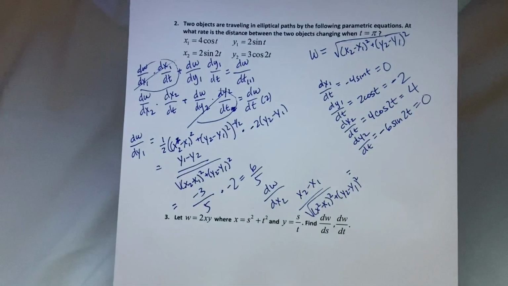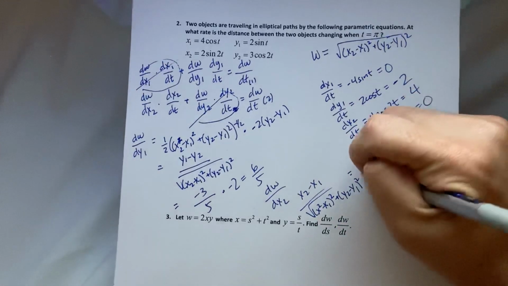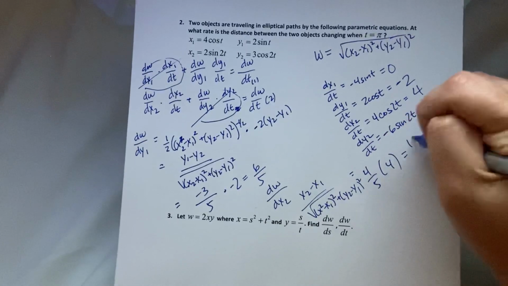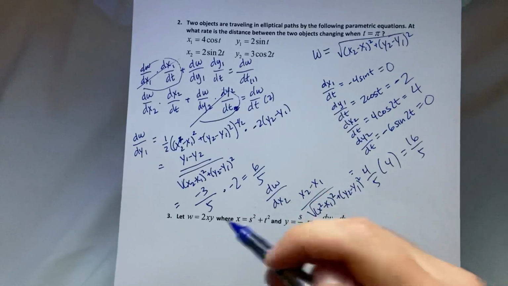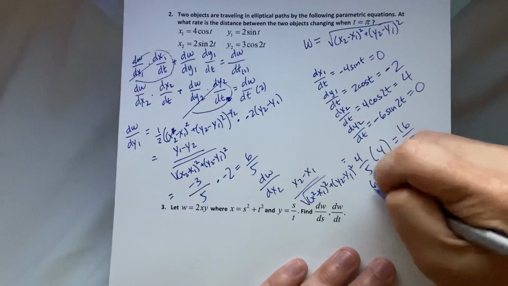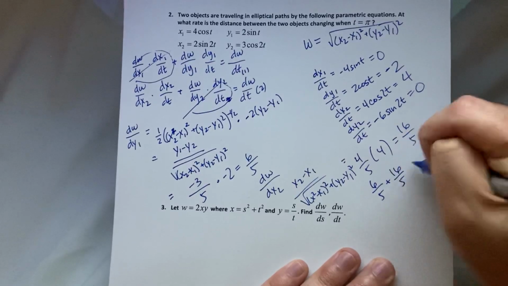Now x2 minus x1 in this case ends up being 0 minus negative 4, so it's positive 4 divided by 5 times the 4, which is 16/5. So these are the two things that are added together to show the differences in distances, so it's just 6/5 plus 16/5, which is 22/5.